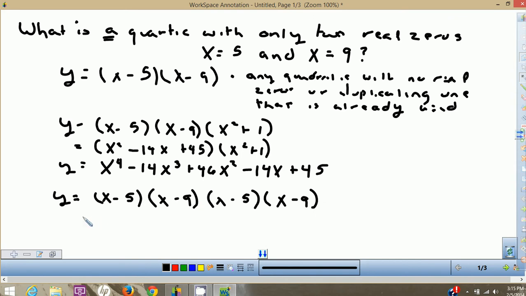For the first two, x minus 5 times x minus 9, I get x squared minus 14x plus 45.